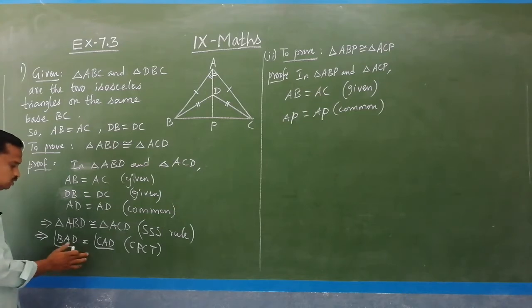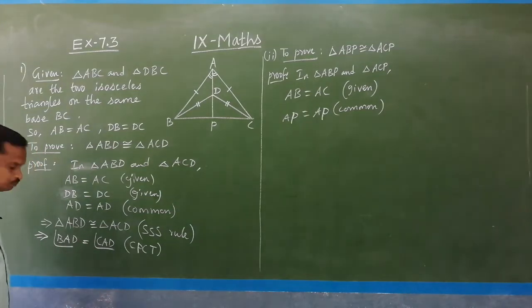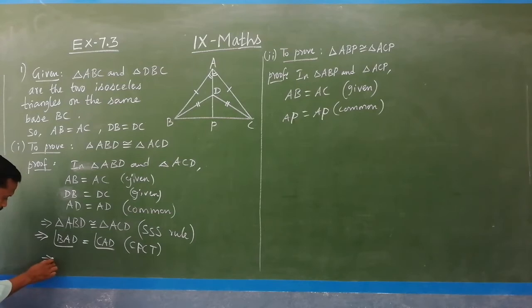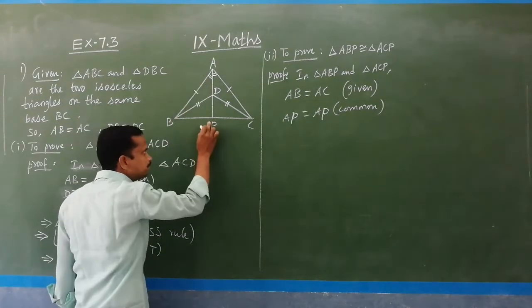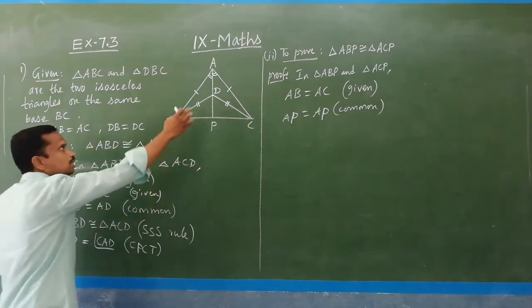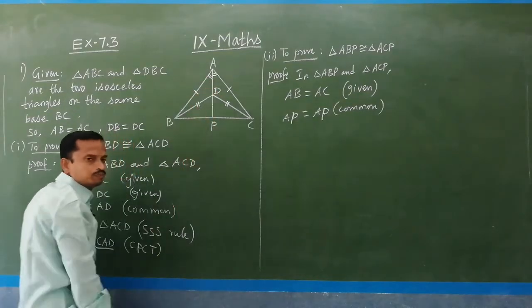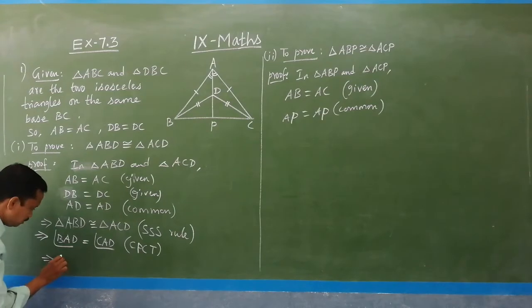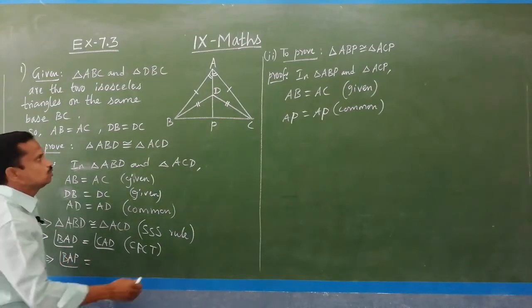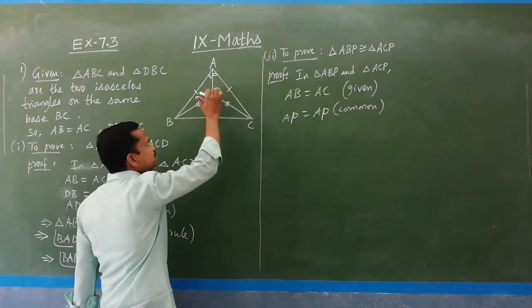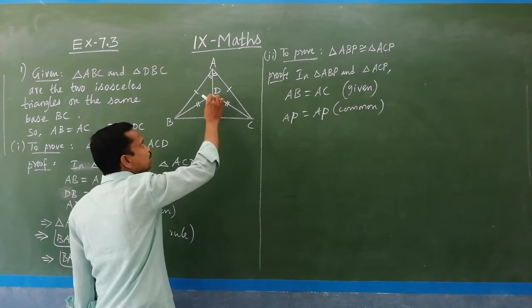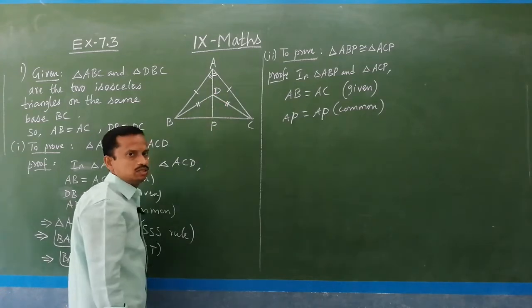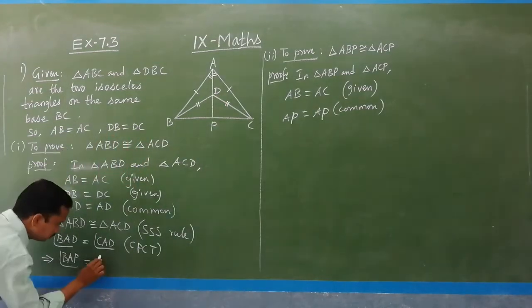And angle BAD is nothing but BAP, because AD is extended to P. So angle BAP is equal to angle CAD, which is extended to P, means CAP. The angle will not change, only the name from D to P is changing. So CAP.